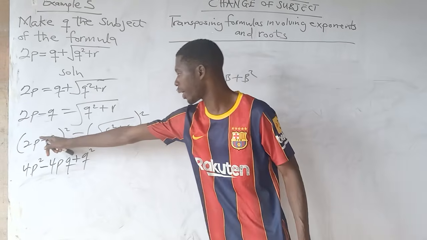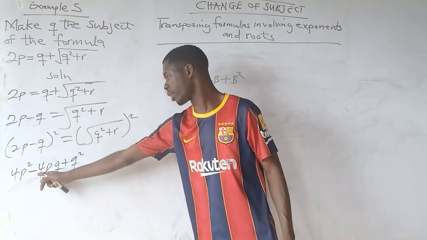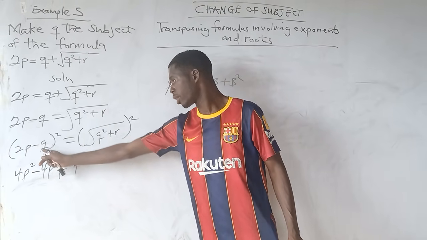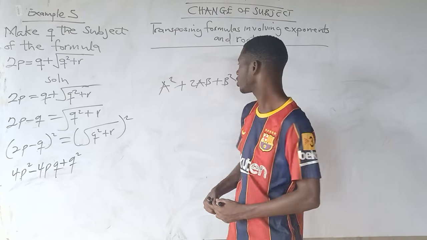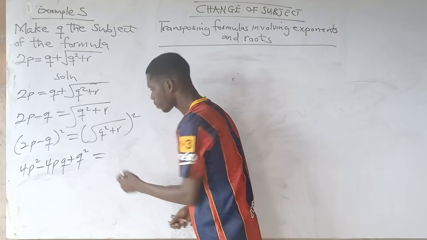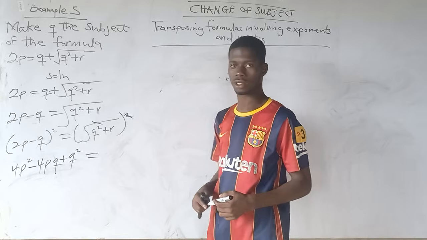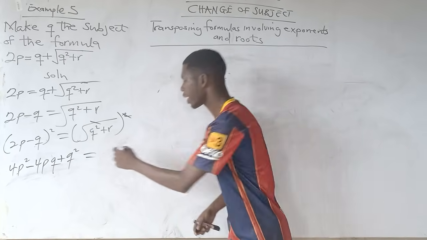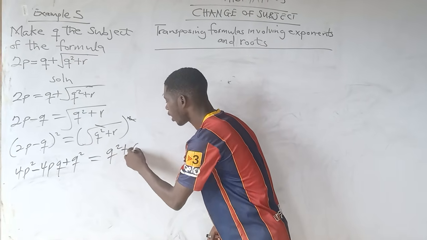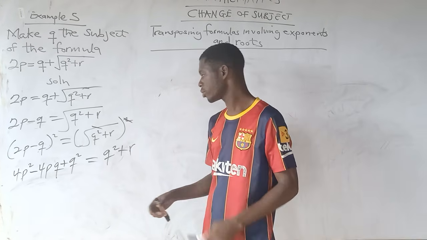This is 2 multiplying what's here, so 4p, minus is here. Then squaring this one, negative, you get a positive answer, right? Okay. Equal to, now the 2 here will cancel the roots, right? The 2 here will cancel the roots. So you get q squared plus r. Okay, q squared plus r.